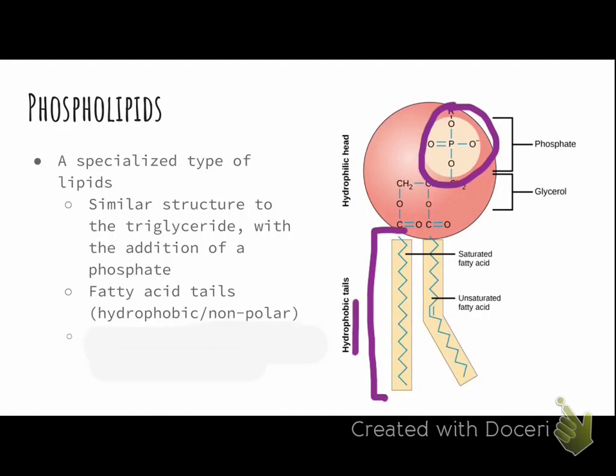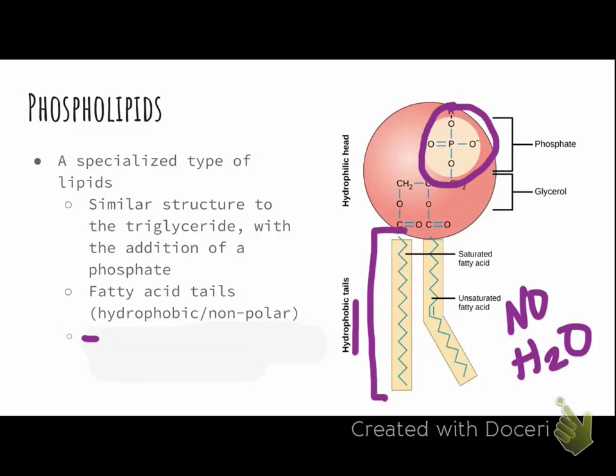So think, if someone has a phobia, they are afraid of things. So the tails are afraid of water, and they are nonpolar, which makes sense because we know that polar things dissolve other polar things. So these tails do not like water. They want no water.